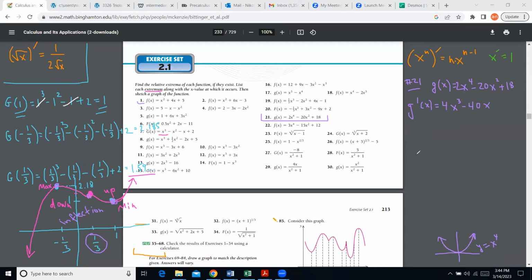So now I'm gonna find the second derivative, and then I will set them both equal to 0. So second is gonna be 12, right? 4 times 3, 12x squared, and then minus 40. So we got the first derivative, we got the second derivative.